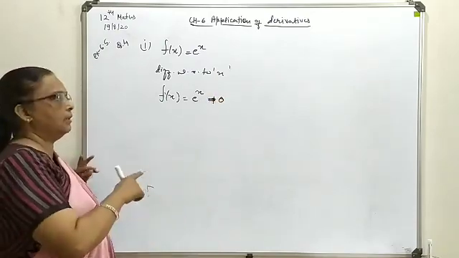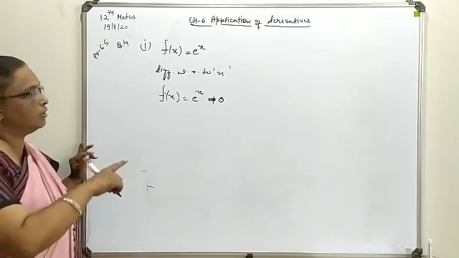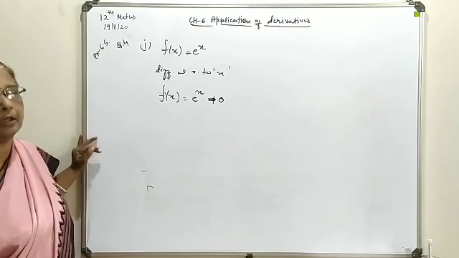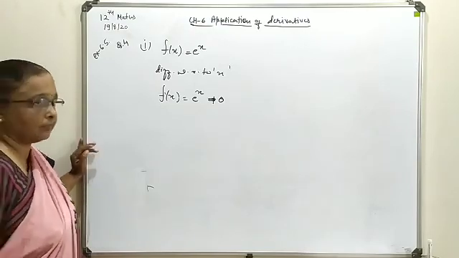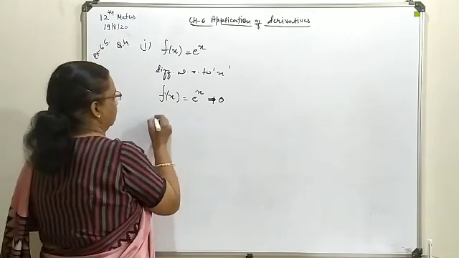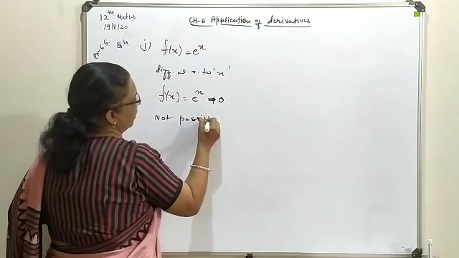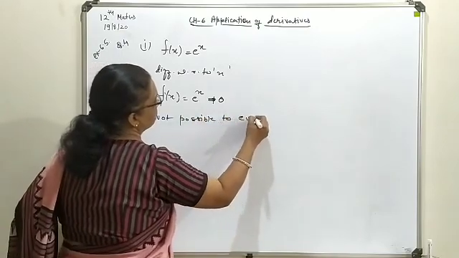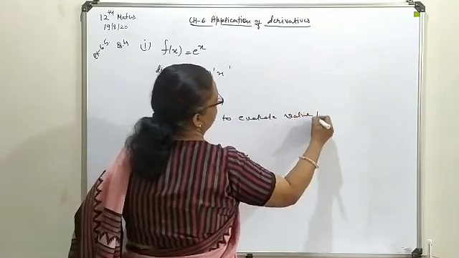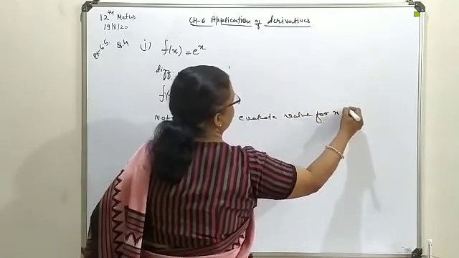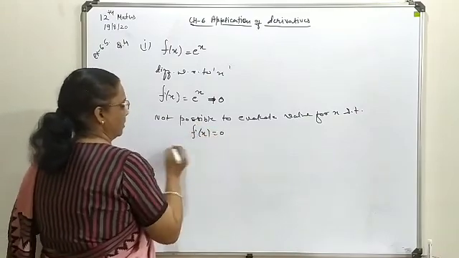So here you can say that there doesn't exist any value of x for which the derived function can tend to 0. So it is not possible to evaluate a value for x such that f dash x tends to 0.